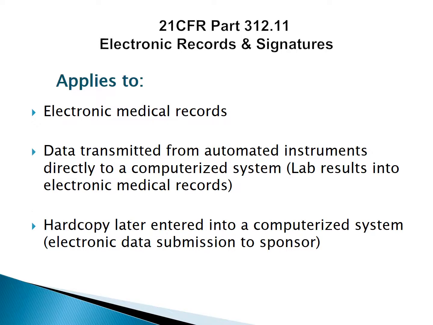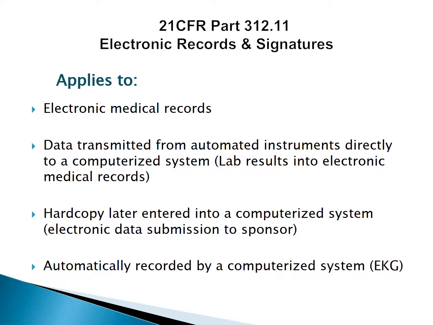Then this applies, and also data automatically recorded by a computerized system. So an EKG would record the rate and rhythm of the heart, and it prints out as a computerized record, but it doesn't necessarily automatically populate into another system. So that would also apply.